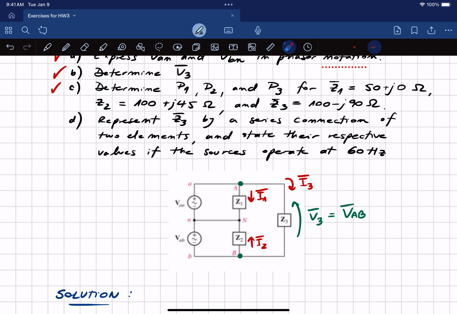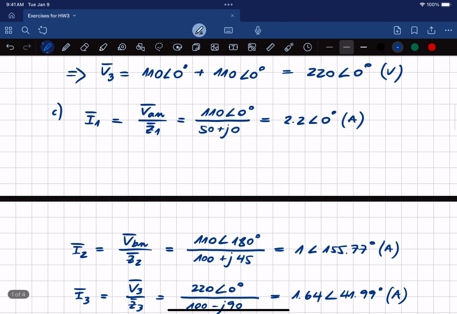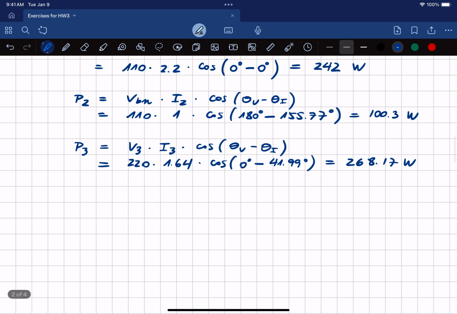So the calculation for the lab is going to be a little different. However, this is simple enough that we can directly connect to what you're going to be doing in the lab. So D, we know that Z3 is equal to 100 minus J90.